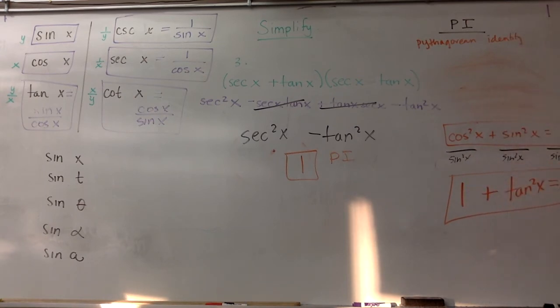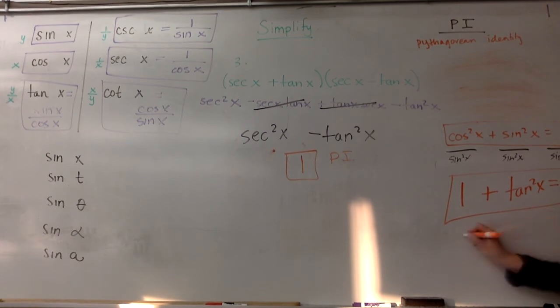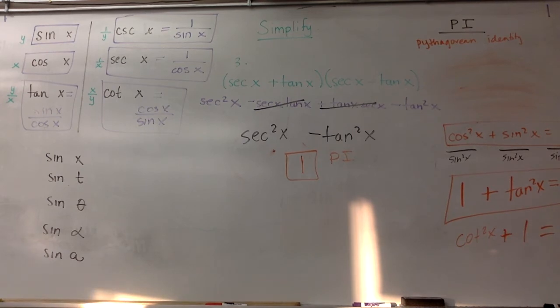What's my new Pythagorean theorem, my third one? Cosine squared over sine squared is cotangent squared plus 1 is equal to 1 over sine, cosecant squared x. That is the third and final Pythagorean identity.